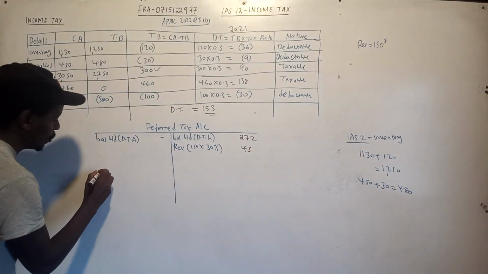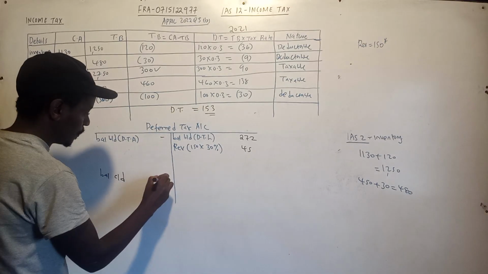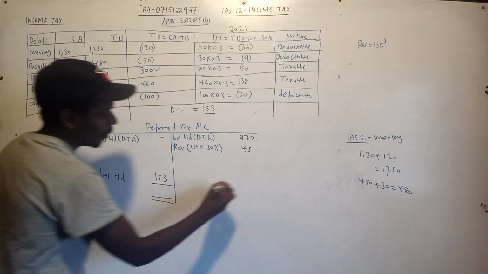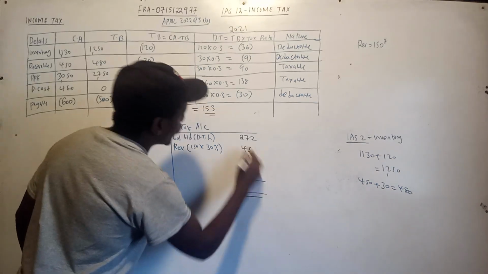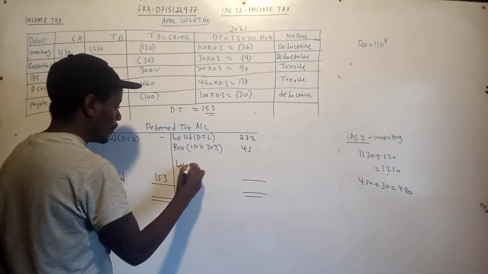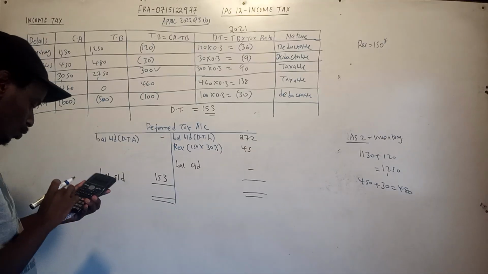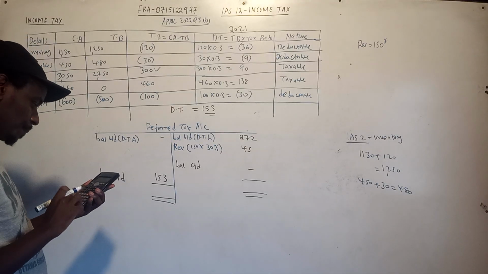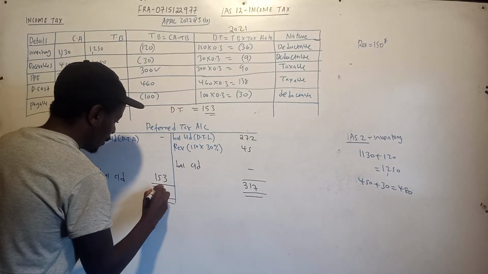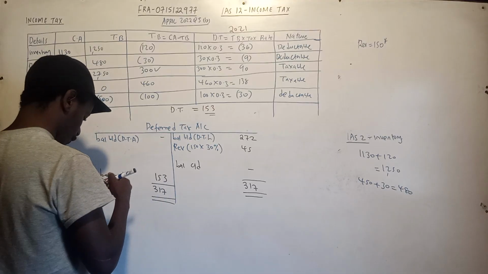Then the balance carried down is a positive figure, 153. Because if it was a negative figure, the balancing figure would be on this side. Balance carried down could be on that side. So 272 plus 45, that is 317. Then the balancing figure, 164.